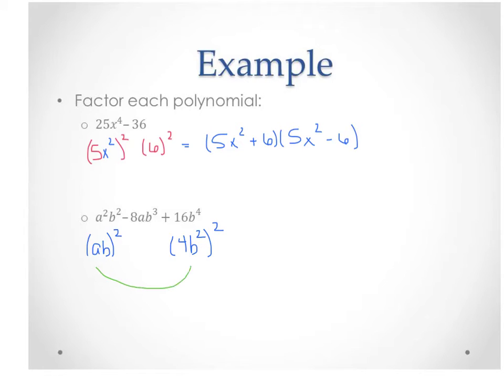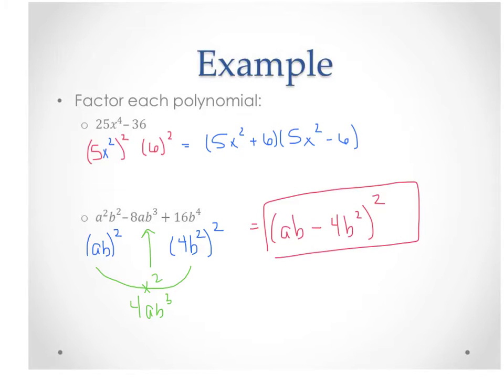If you multiply those together, you're going to get 4ab cubed, okay, right, because you're adding exponents, times that by 2. Is this a perfect square trinomial? It is. Alright, so it has a minus sign in the middle, so we're going to do ab minus 4b squared, squared. Perfect square trinomial.